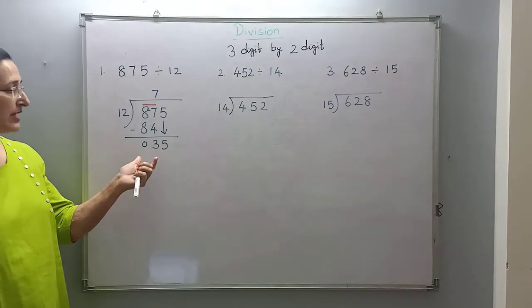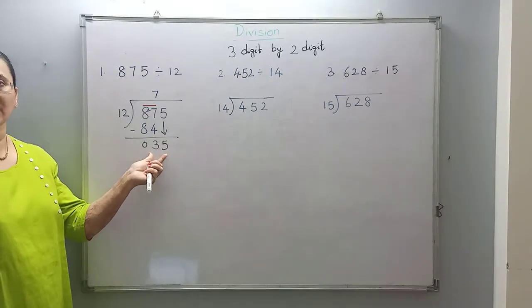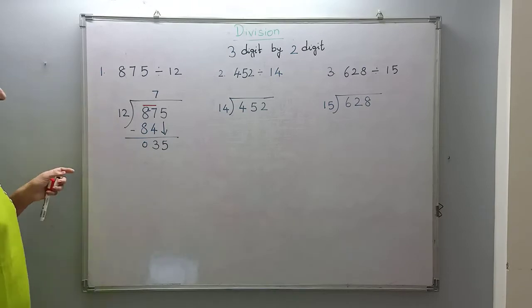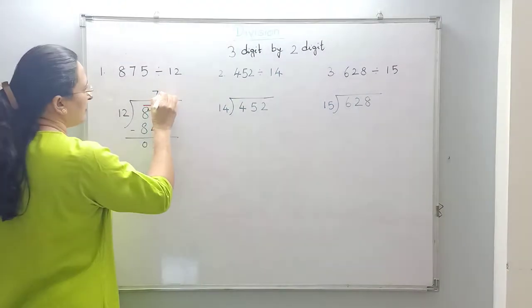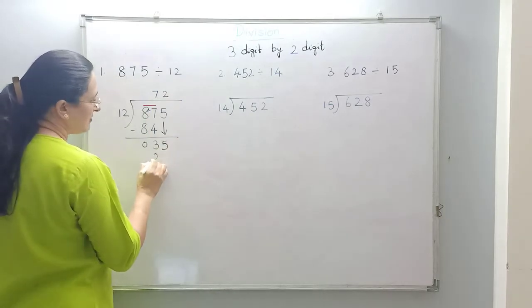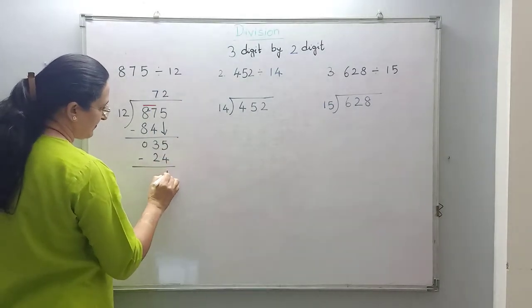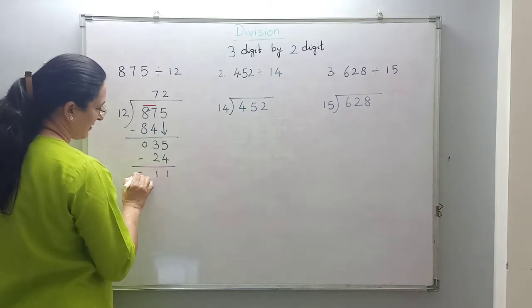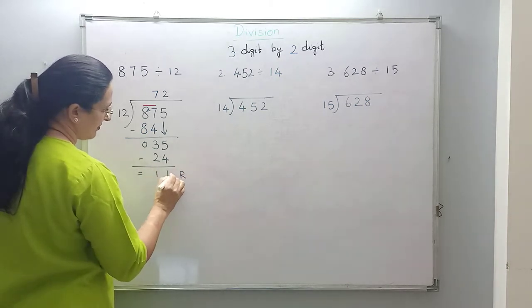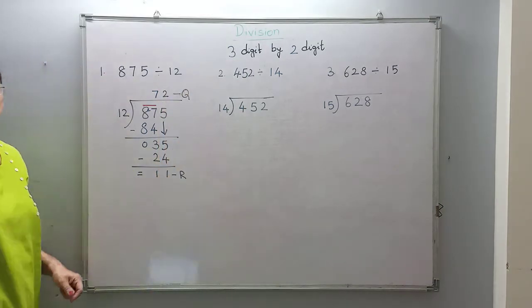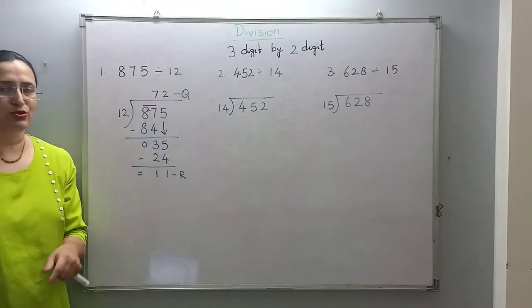After bringing this 5 down, we are getting a number 35, which is also not there in the table of 12. So we go for 12 twos are 24. And we get a remainder of 11 and quotient of 72.